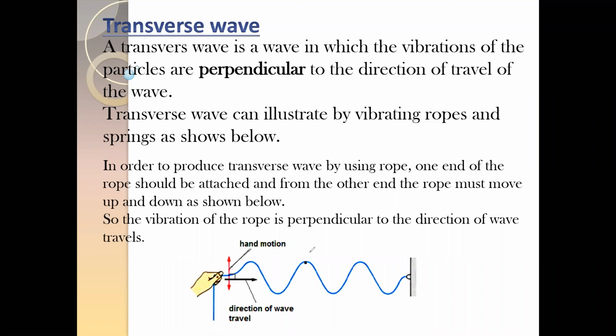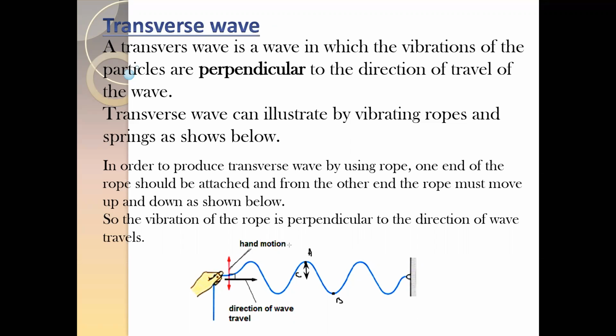What is the label for position A? What do we call this point A? Point B? Yes, that's right. And what do we call the distance from the center position of a wave to the extreme position, this distance C? Yes, that's right, amplitude.